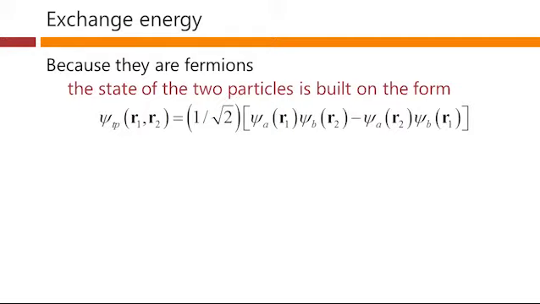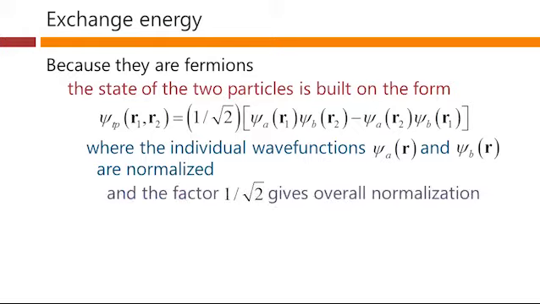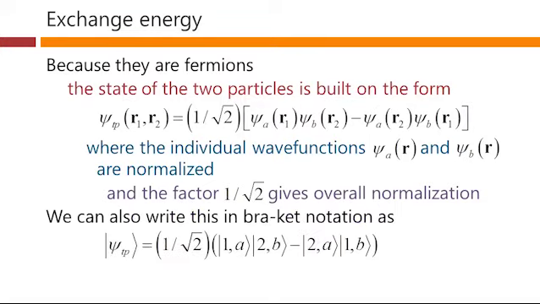Because they are fermions, the state of the two particles is built on this kind of a form, with a minus sign in here. And here we are now dealing with the normalization. We're presuming that individually each of these wave functions here, psi a of r and psi b of r, as mathematical functions, have been normalized. And this factor 1 over root 2 ensures that therefore this entire wave function is normalized.